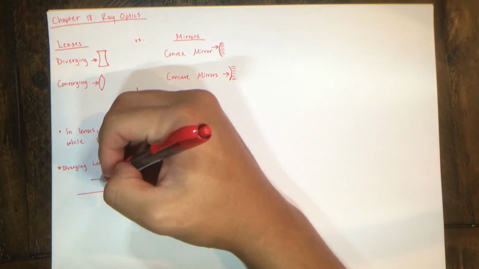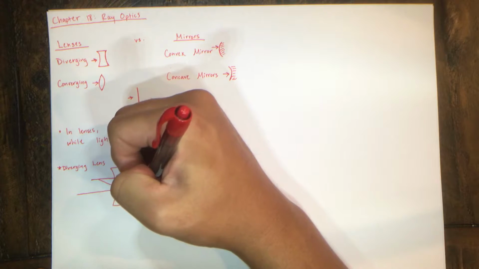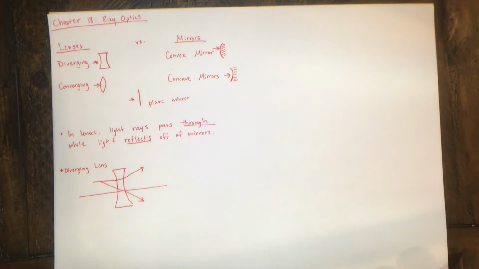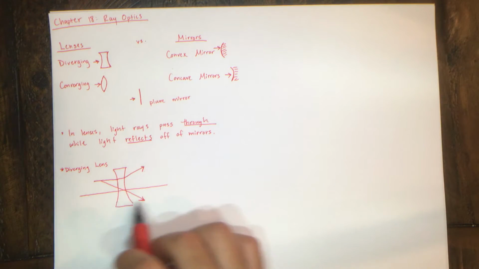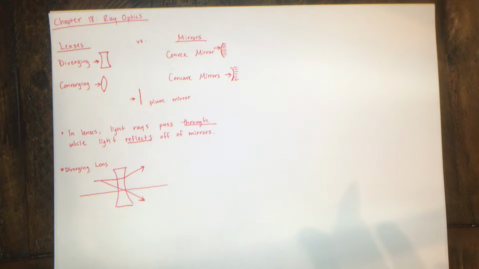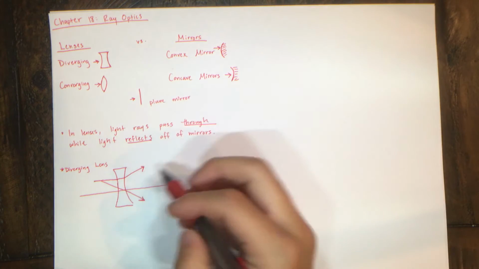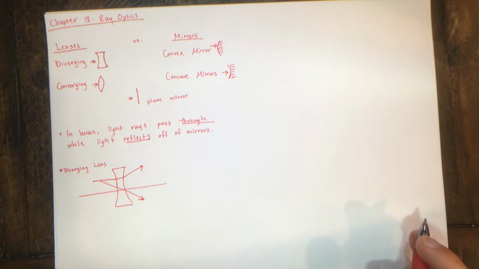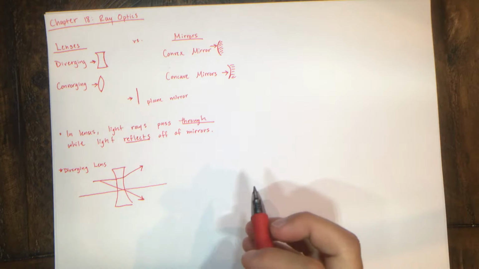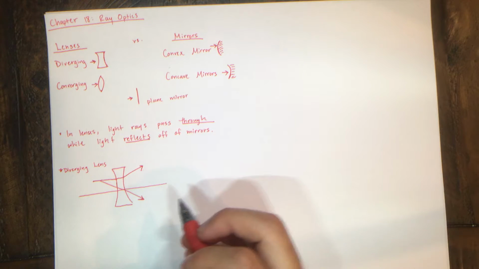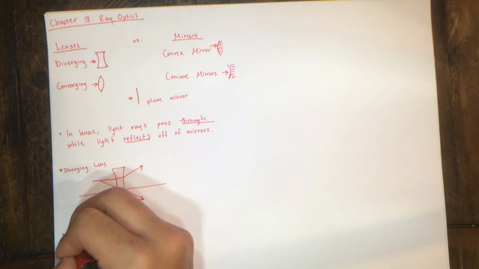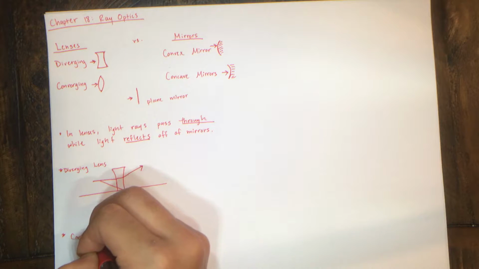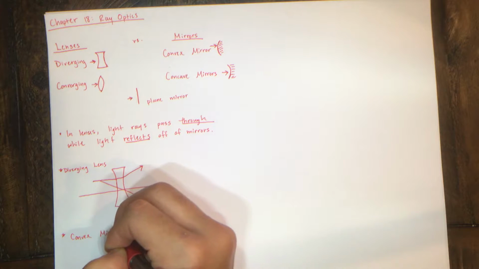There are different circumstances where light will travel through the center and there is no change in that. But if light travels through any other portion, it will generally refract outwards, away from the center or the focal point. So with that being said, diverging lens as well as convex mirror.